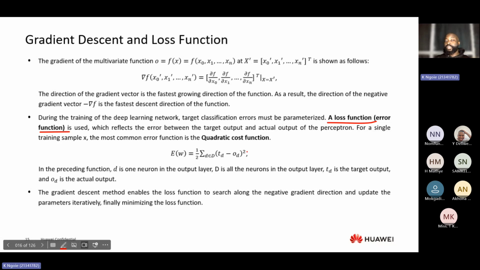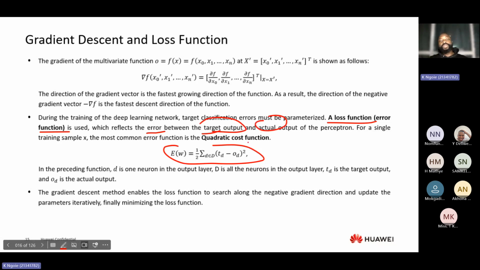That's how we're training the model. This is an example of a loss function. The loss function reflects the error between the target output and the actual output.